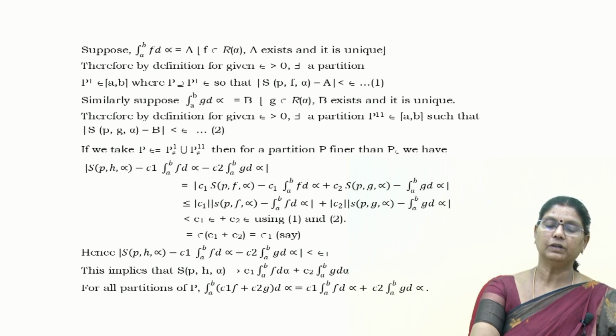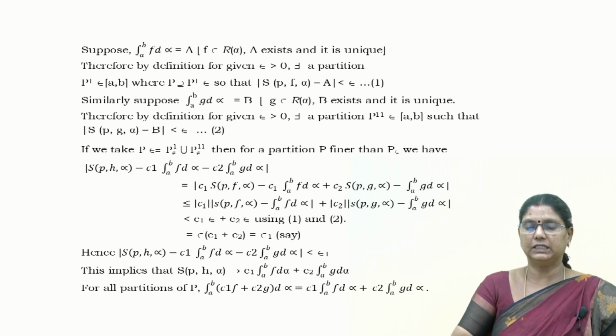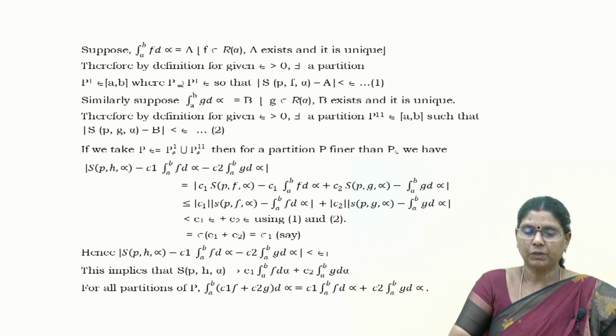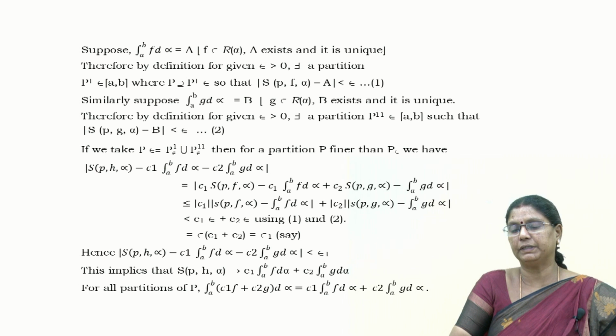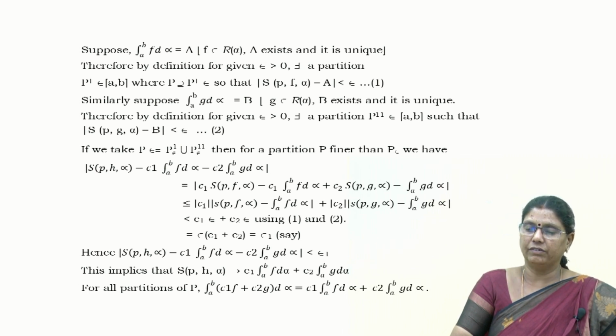Thus, we have the modulus of S(P, h, alpha) minus C1 times the integral of f d alpha minus C2 times the integral of g d alpha, which is nothing but the modulus of C1 times (S(P, f, alpha) minus the integral of f d alpha) plus C2 times (S(P, g, alpha) minus the integral of g d alpha). Simplifying this, we get something less than epsilon.